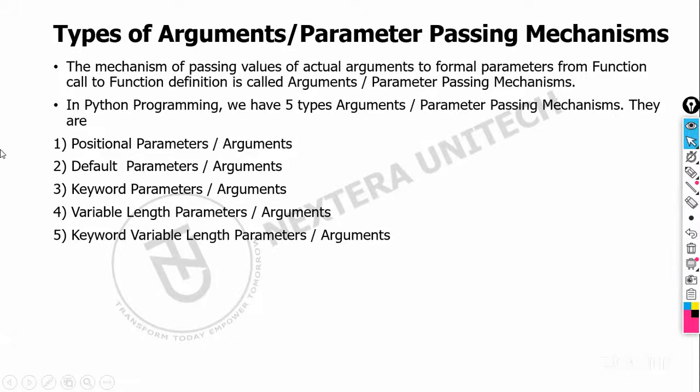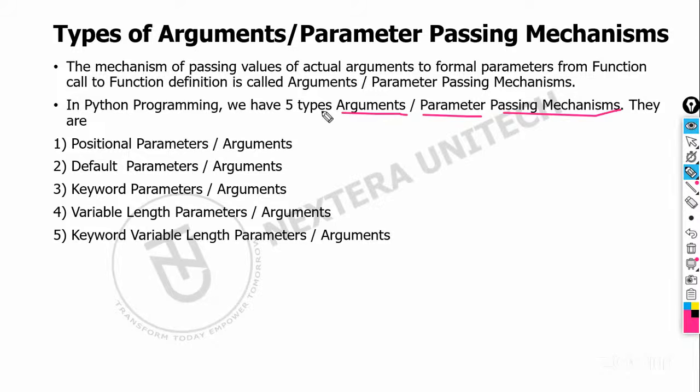Most of us might have understood them as types of arguments or types of parameters, but strictly speaking, they are types of argument parameter passing mechanisms. We are taking the values of the actual arguments, and they will be passed to the formal parameters. And this process is called a mechanism.